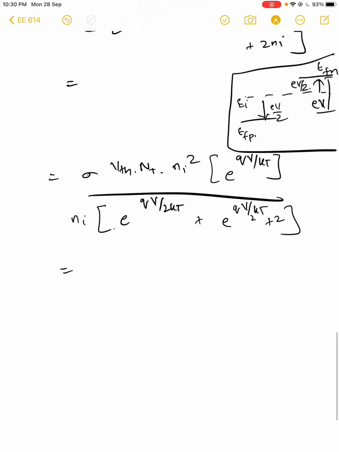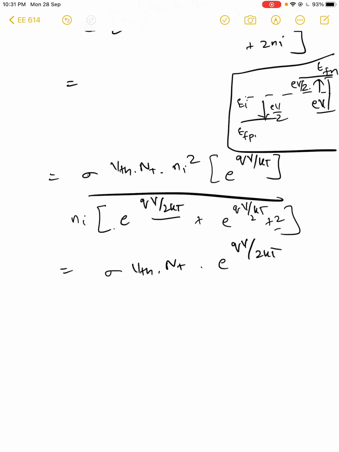So in total we will have, I can take once again qV, this is much larger than the one here, so sigma vth Nt into e power qV by 2kT, right?